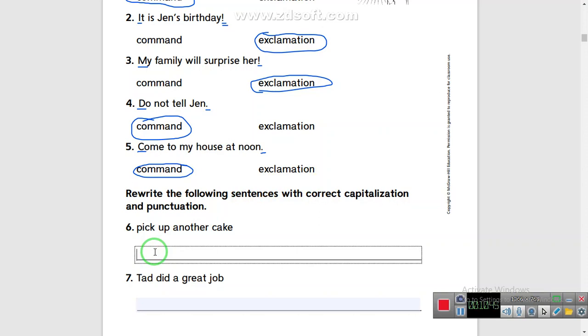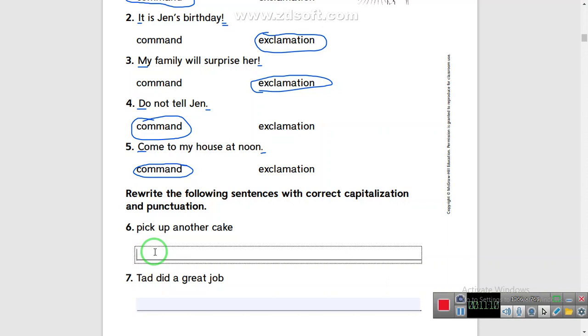Pick up another cake. What is the type of this sentence? Is it telling something? No, it's not telling something, so it's not a statement. Is it asking something? No, it's not. Is it showing maybe some feelings? No, it's not.